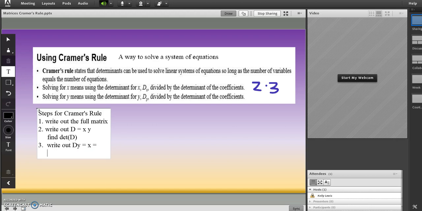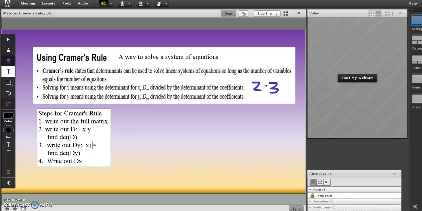I'm going to explain what all this means in a minute. Let's just write out some steps. Let's find the determinant of Dy.